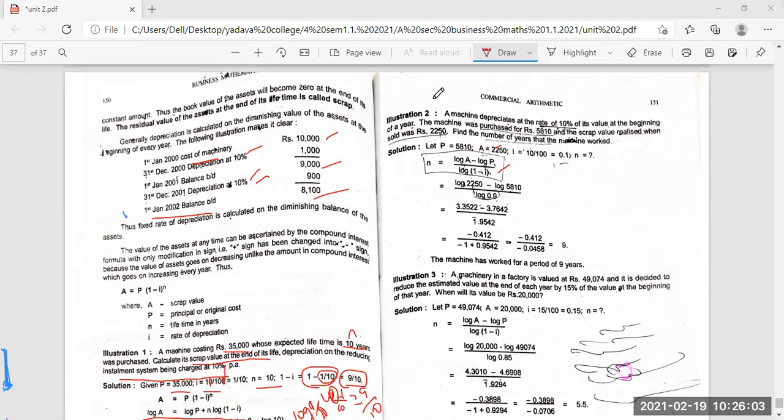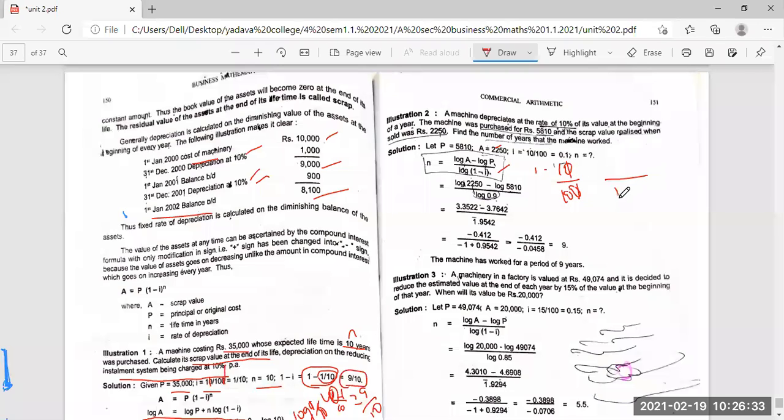Yes, ma'am, doubt. Ma'am, how did 0.9 come? That is 10 divided by 100. We have to convert it: 1 minus I, where I is 10 divided by 100. So here we get 1 by 10.